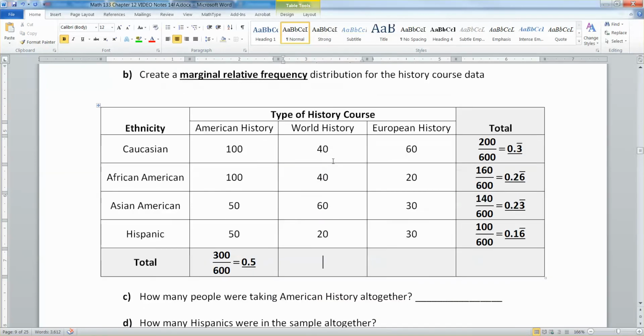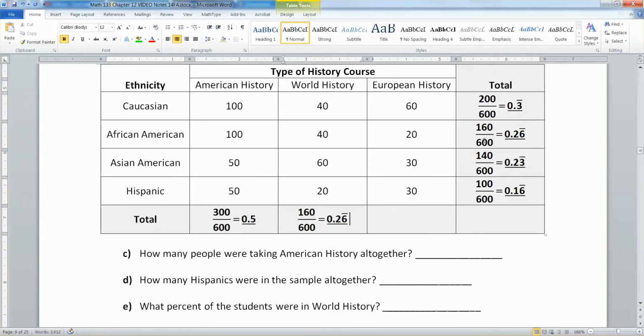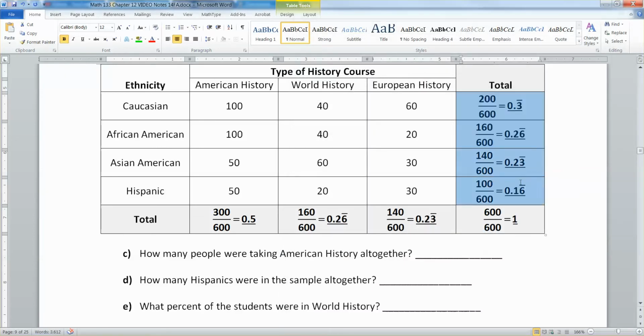And then we do it again for the next group and the next group. So it'd be 160 over 600 and then 140 over 600, which is convenient because those are the same totals for some of the rows. So that's all done. And the last one would actually be, if you did it right, 600 over 600, which makes 1. So if you add up these 4 fractions, you should get 600 over 600. If you add up these 3 fractions, you should get 600 over 600.